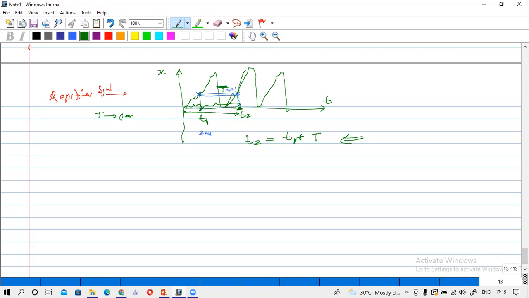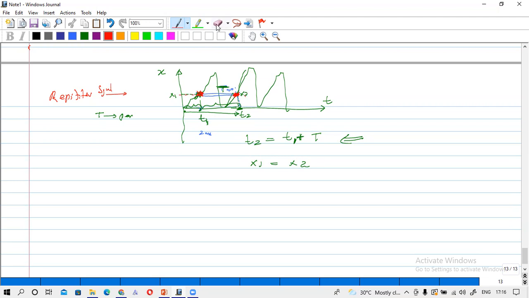So what about this point? Let's say this is X1 and this is X2. You can see that X1 should be equal to X2, no? Correct? Because if this is a voltage signal, this voltage value is repeating here again. That means we will get the same value again after here. So this voltage value X1 and X2 is equal.